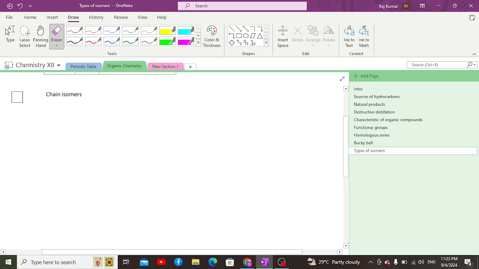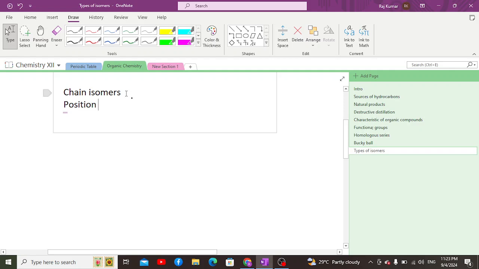Alright. After chain isomers, we have position isomers. Position isomers are those in which there is a difference in the position of the functional group. Let's say if the functional group is present on the first carbon, then it is known as 1-chloropentane.